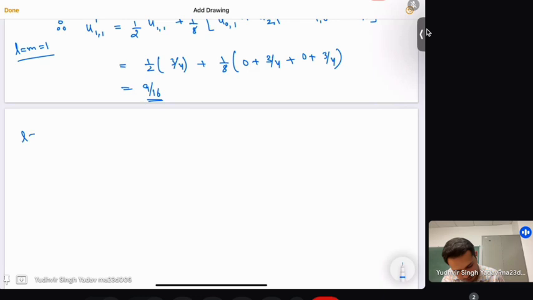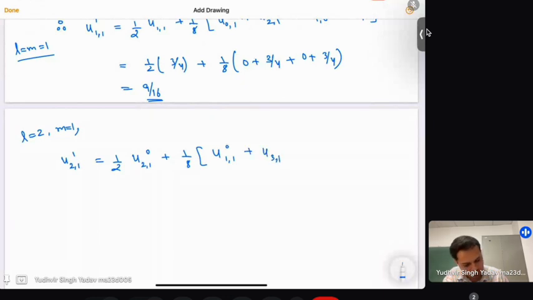The next step is we take l equals 2 and m equals 1 in the above equation, then we will have u(2,1) equals 1/2 u(2,1) plus 1/8 times u(1,1), u(3,1), u(2,0), u(2,2).